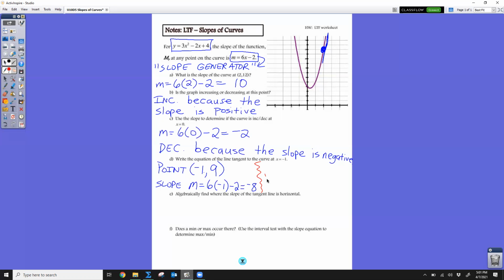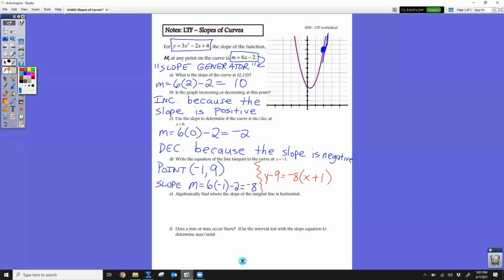It's the easiest one, given the information in this problem. So y minus 9 is equal to -8, our slope, times x minus -1. So we'll just say x plus 1. And there's the equation of our line that's tangent to the curve. All right, so part E.